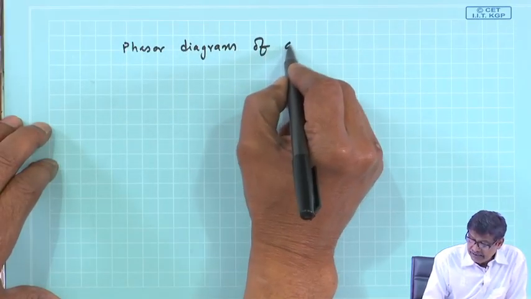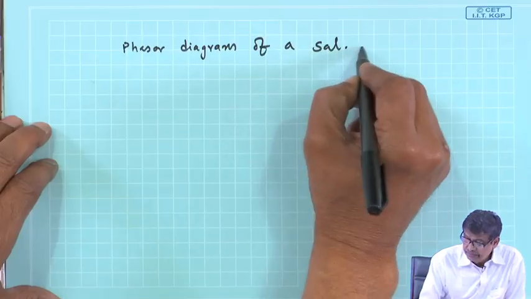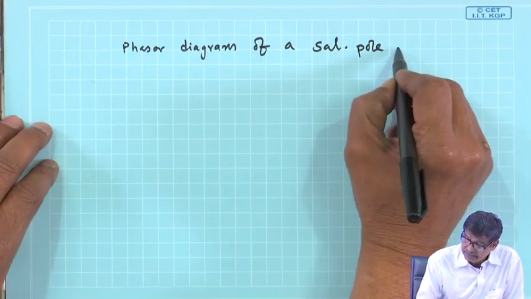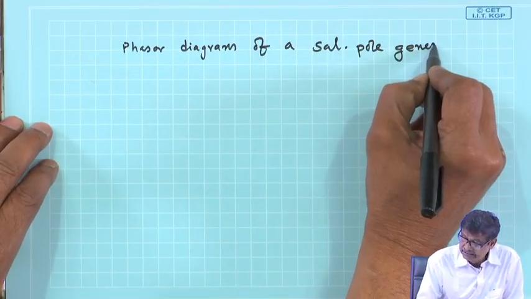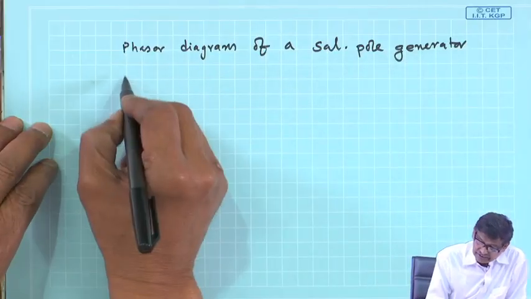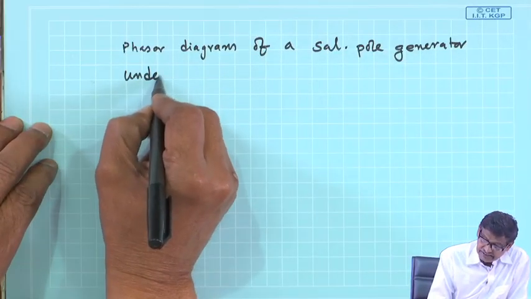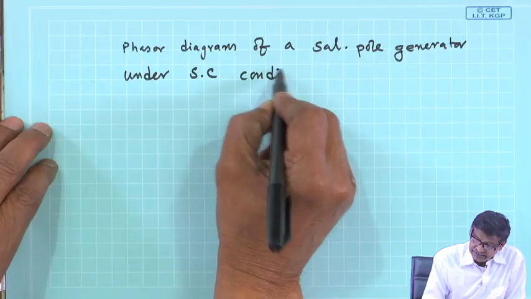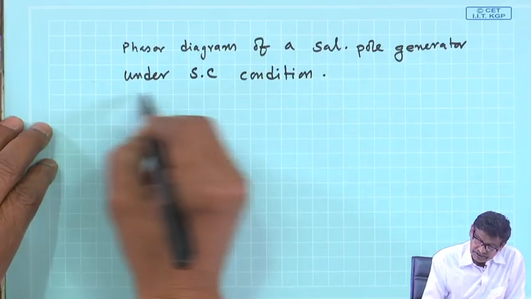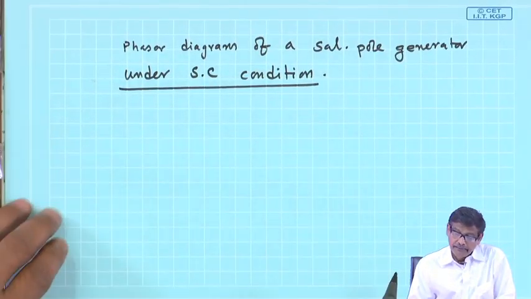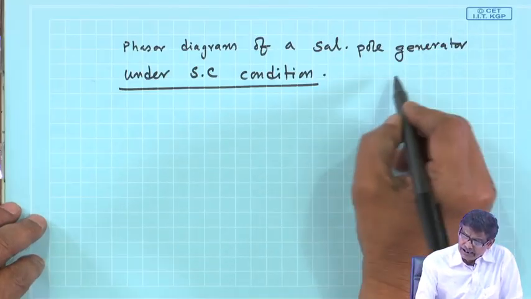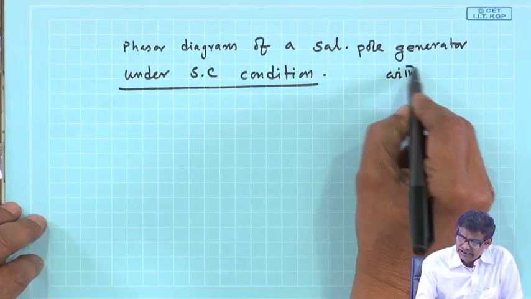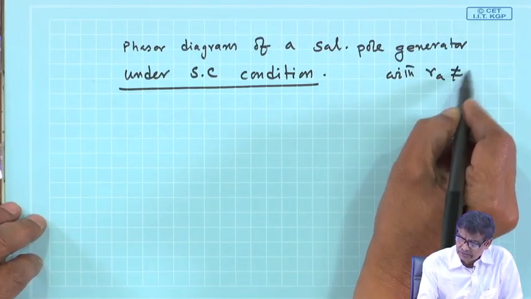Phasor diagram of a salient pole generator under short circuit condition. Let us see how we can do it, with RA not equal to 0 suppose.